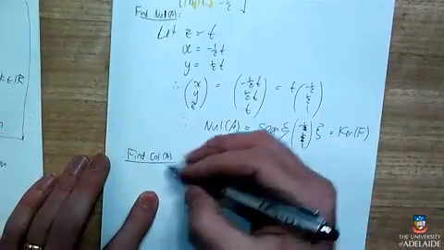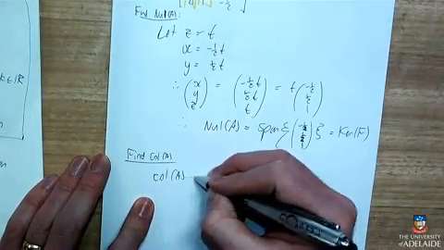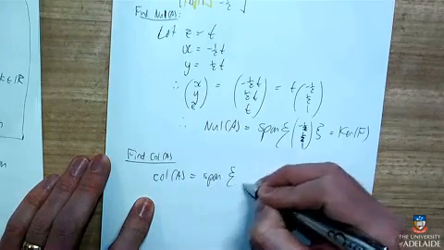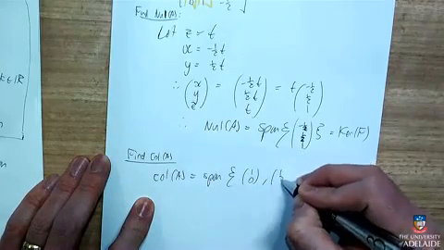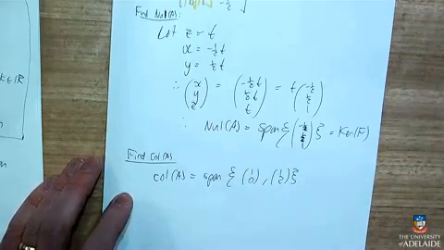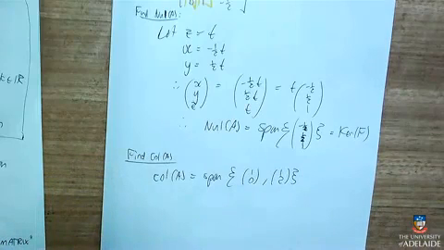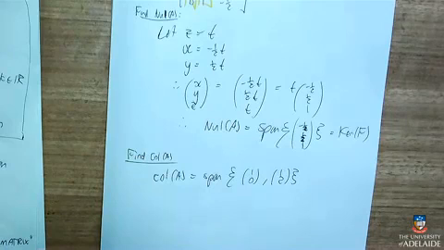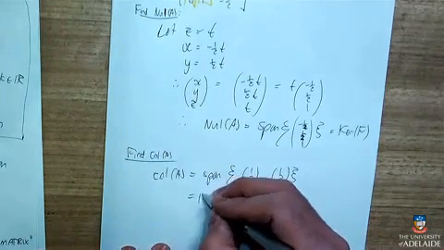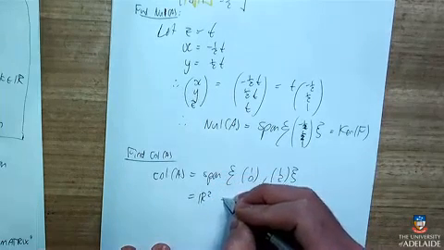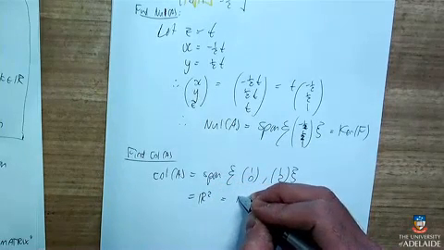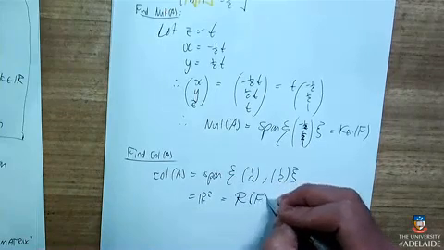And so I've got that the column space of A is the span of 1, 0 and 1, 2. According to the procedure I've learned, but I know that those two are obviously linearly independent. There's two of them, so they must span the whole of R2. So that is R2, which is the range of the linear transformation.